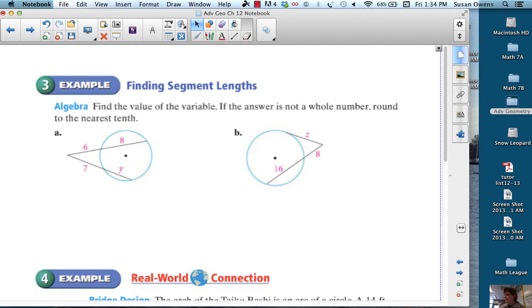Okay, so find the value of the variable. For this one, this is where we have the intersection twice and it's outside.